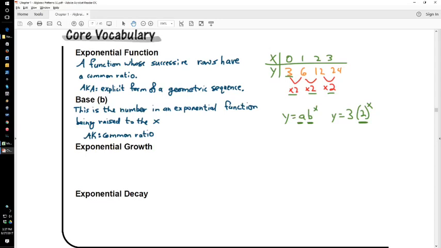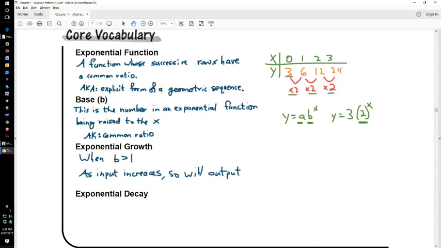Okay, exponential growth is when your b value is greater than 1. Basically, as the input, or as x increases, so will the output.